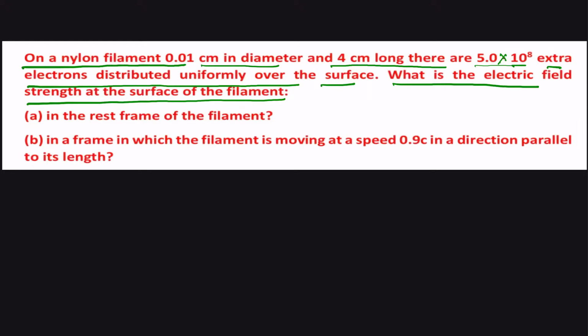We are given two parts, and these two parts differ in the frame of reference. Part A states in the rest frame of the filament, and part B in a frame in which the filament is moving at a speed of 0.9 c in the direction parallel to its length.